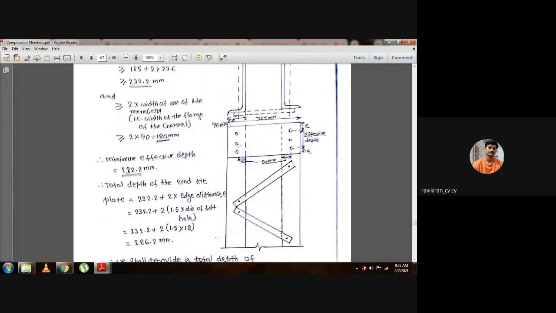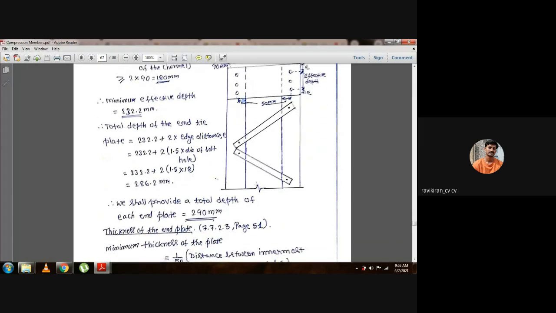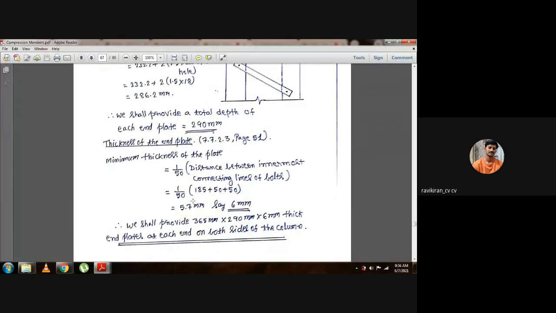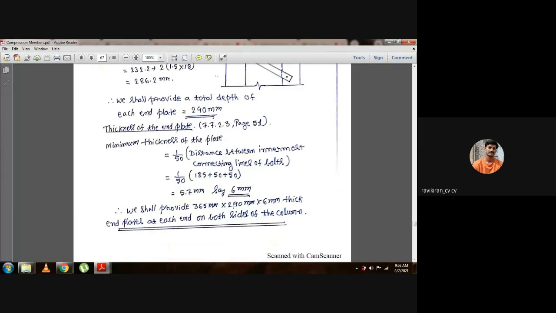This is the distance you are connecting the bolt horizontally. 185 is the spacing, 50 plus 50 is where the bolt is fixed from the face of the web. So you get 1/50th of that distance as 5.7 millimeter. So we can go with a 6 millimeter thick plate. So we shall provide 365 mm by 290 mm by 6 mm.